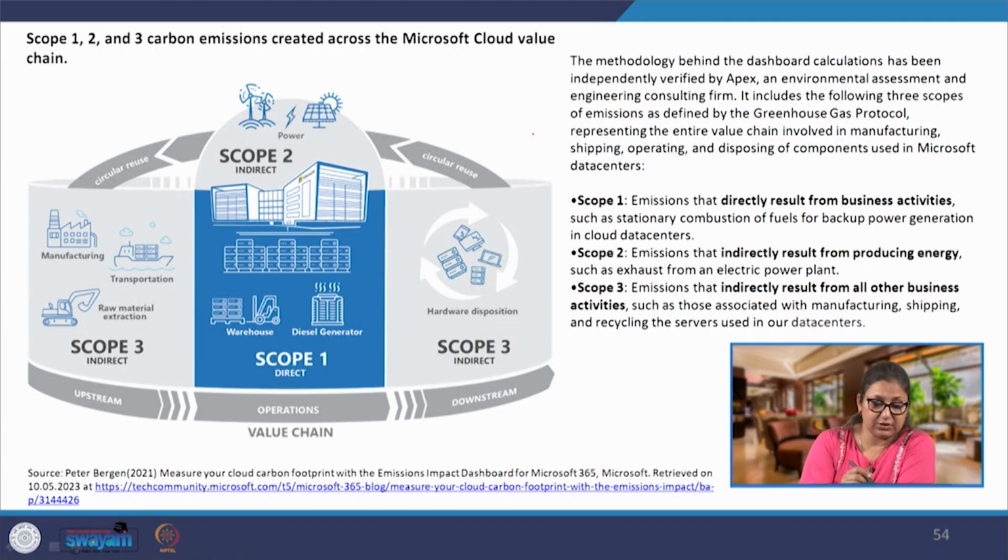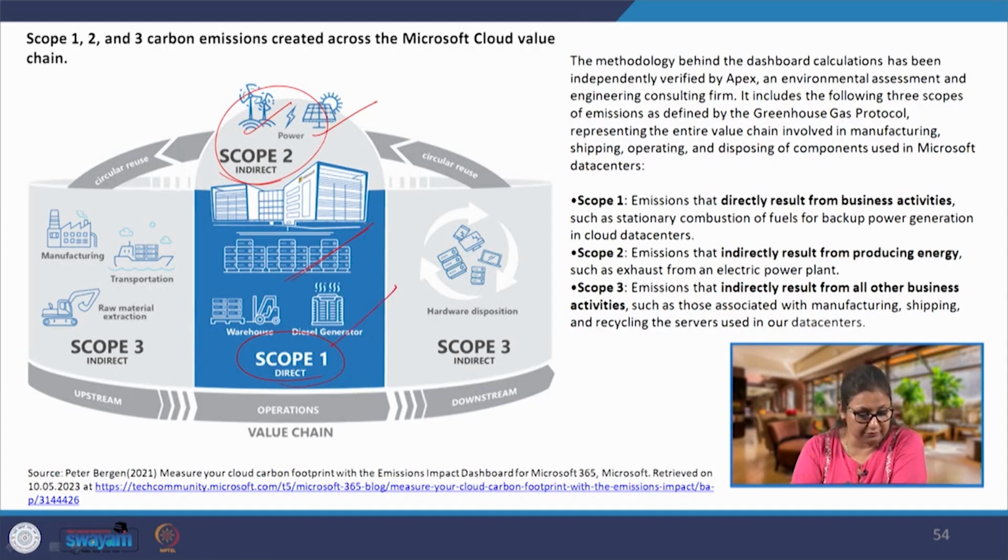Now, here as we would see, scope 2 indirect, again we can see power. Scope 1 direct emissions, now here you can clearly see the data centers. So, the data centers for Microsoft Cloud have been covered as scope 1 direct emissions, and for a lot of companies, especially the IT companies and the corporates which have huge corporate houses, the buildings, the data centers, all of them and the emissions resulting from them directly are going to be part of the scope 1 direct emissions.